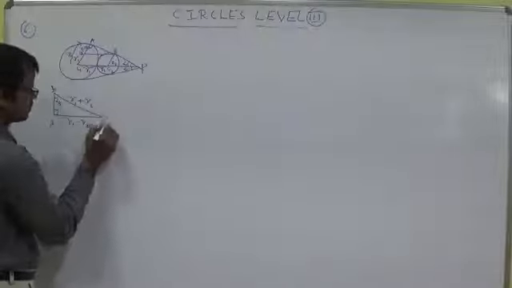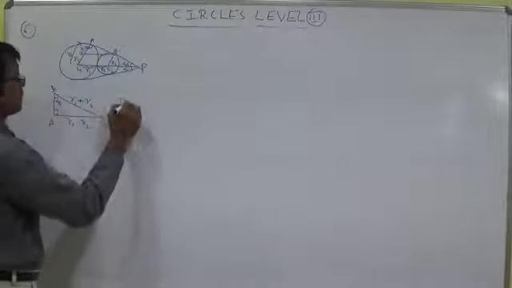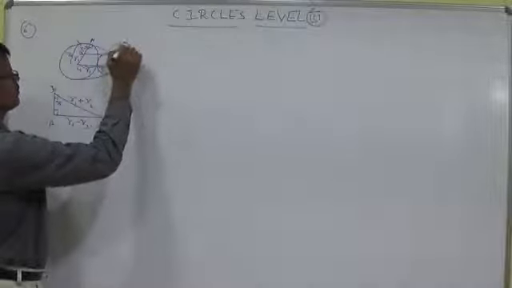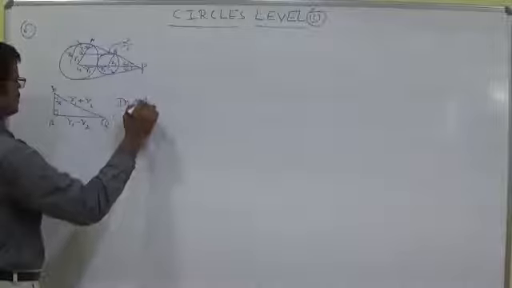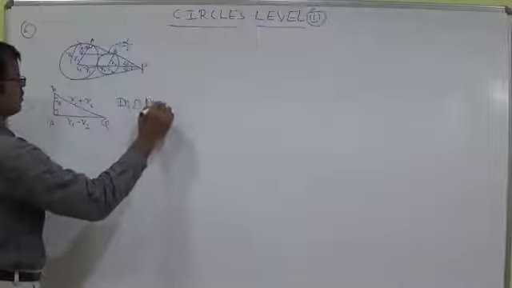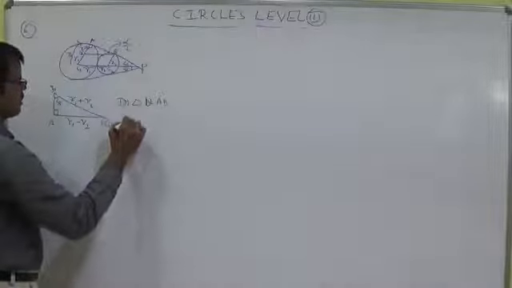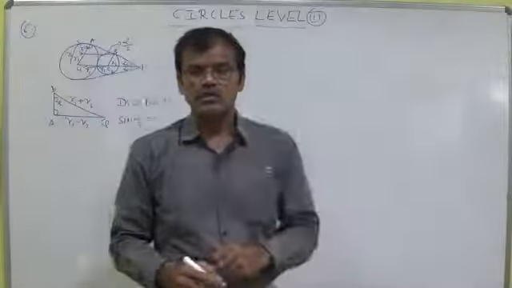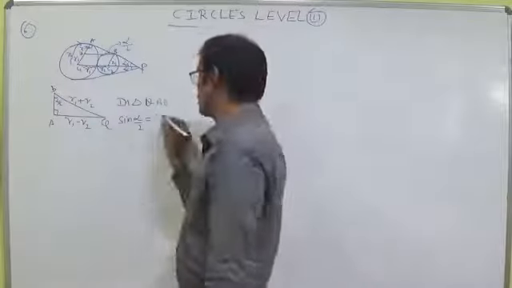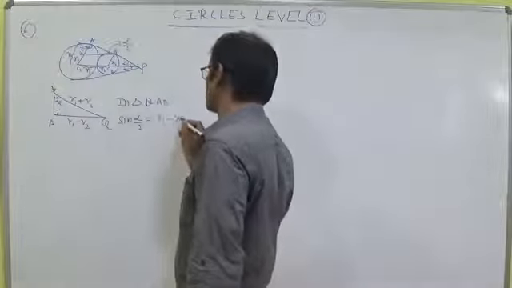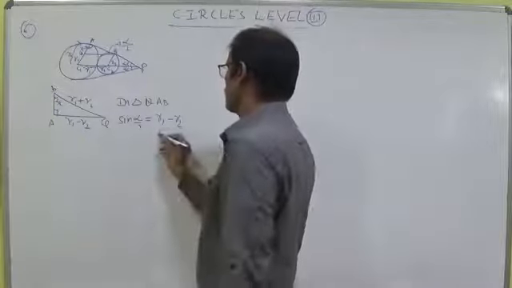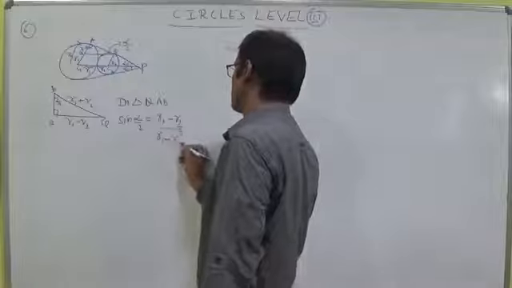Put here Q. Now in triangle QAB, you can write sin alpha by 2 is equal to opposite by hypotenuse. Here you can write R1 minus R2 by R1 plus R2, depending upon the opposite side by hypotenuse.